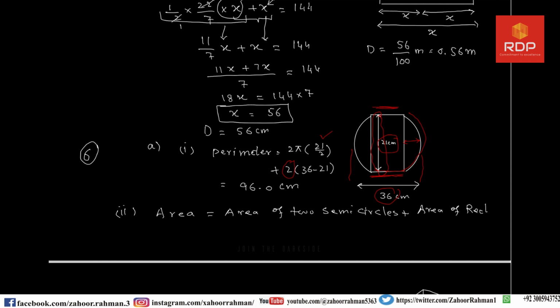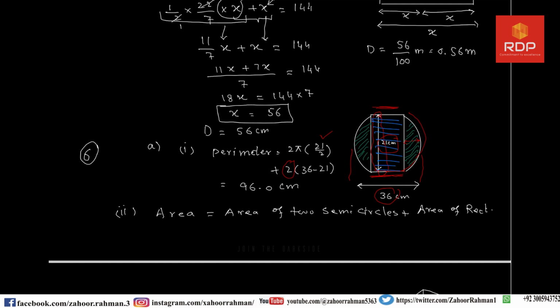That will be the internal area in which I am saying this is one semicircle, this is the second semicircle, and let me denote this with another color, so it is a rectangle.